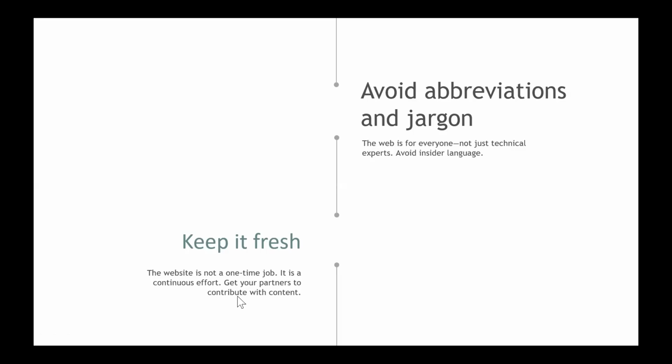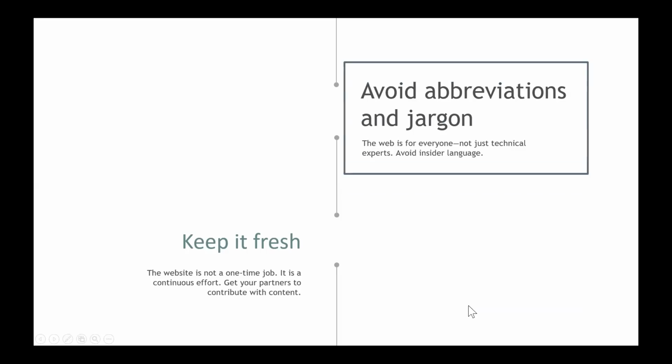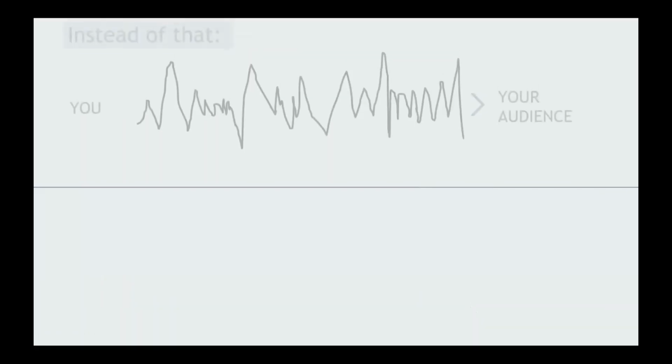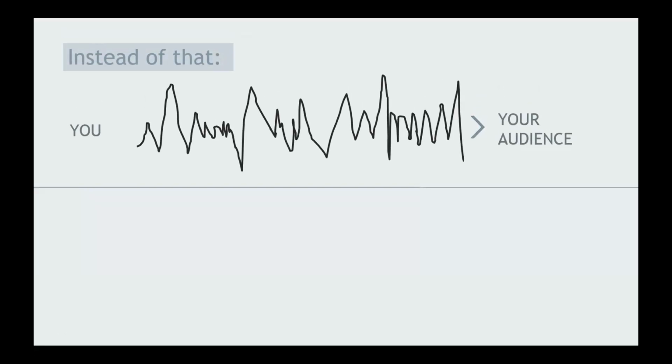Yes, and I want to have a closer look at this avoidance of abbreviations, but more on that jargon language. So again, instead of that, maybe you remember the curve I showed you in the beginning, and here you've got another curve. And then you can add this, and that makes it really, really unattractive.